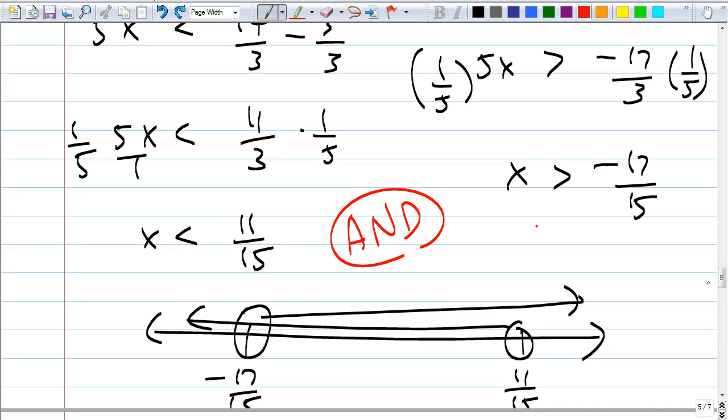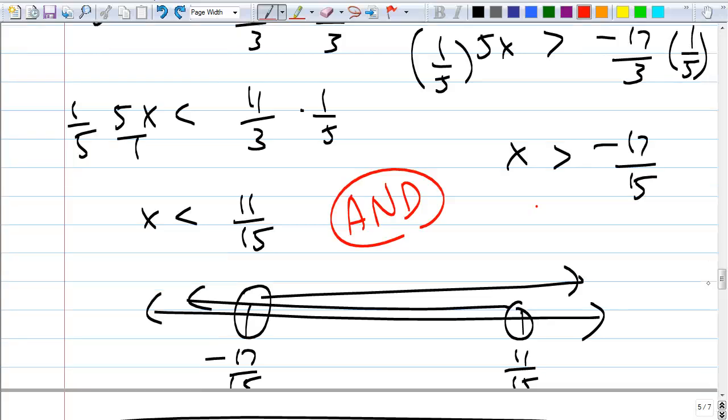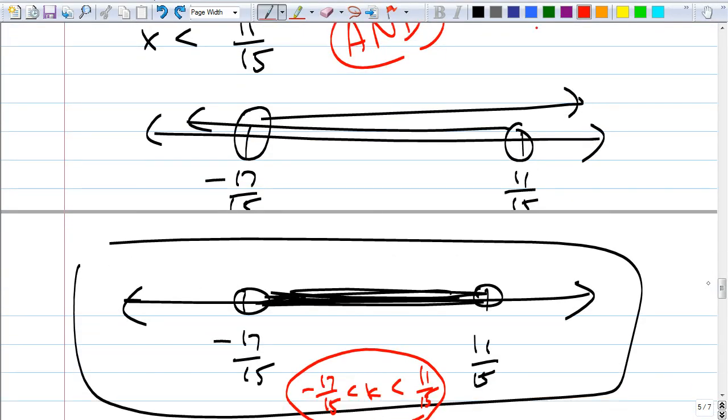We want the overlap. So what's the answer? All real numbers between. Good. And do we need to include the endpoints, guys? No. And of course you could write it this way, x is between, like this, if you wanted to. They mean the same. It's pretty straightforward.